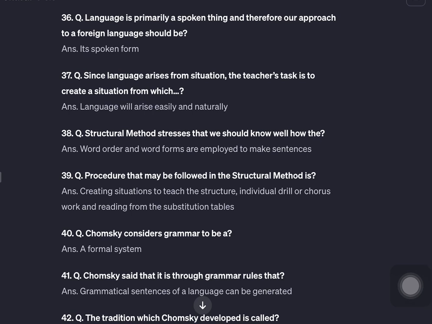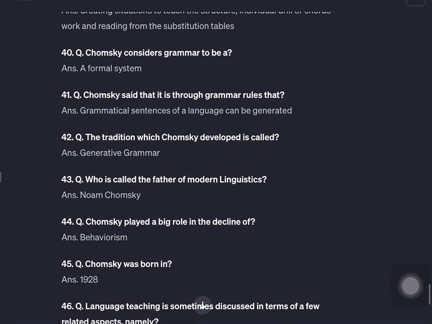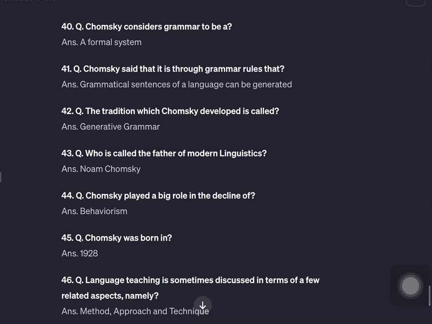40. Q. Chomsky considers grammar to be a? Ans. A formal system. 41. Q. Chomsky said that it is through grammar rules that? Ans. Grammatical sentences of a language can be generated. 42. Q. The tradition which Chomsky developed is called? Ans. Generative grammar. 43.